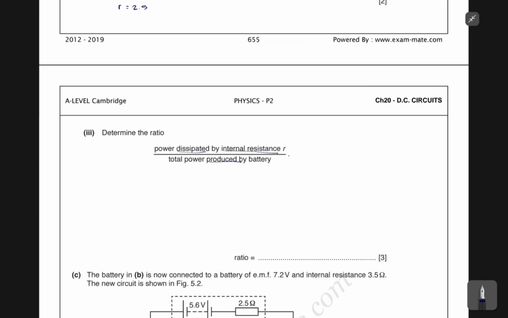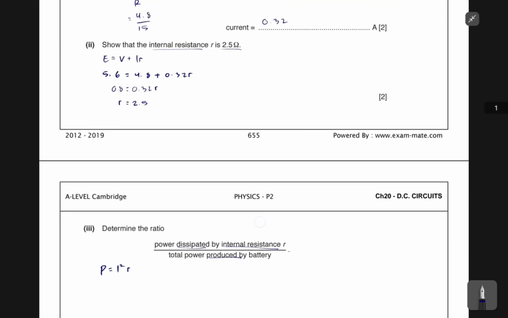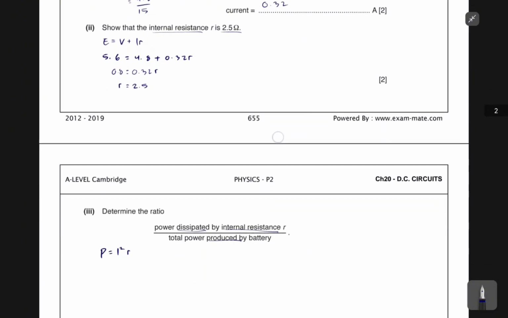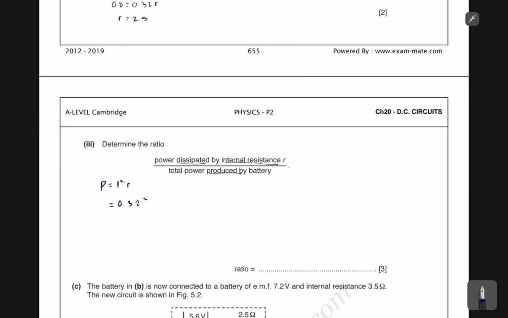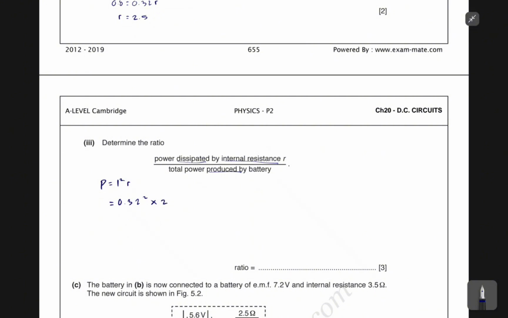We're going to use the formula P equal to I squared R. The current is 0.32 squared and r is 2.5, which gives 0.256.